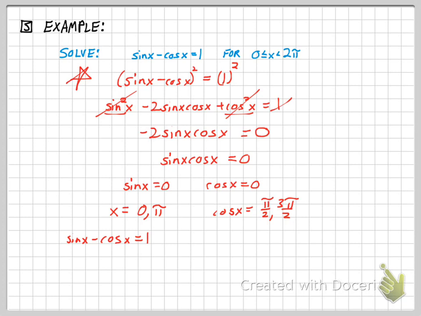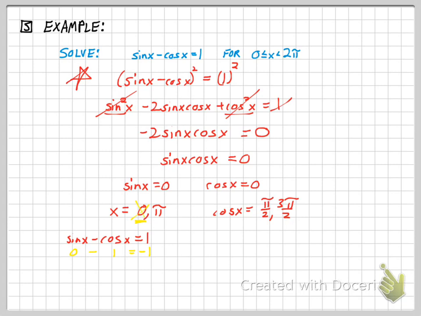I'll do each one in a different color. First I'm going to test 0. The sine of 0 is 0, and the cosine of 0 is 1, so the answer to this problem is negative 1, not positive 1. That's a solution that is extraneous and does not check.